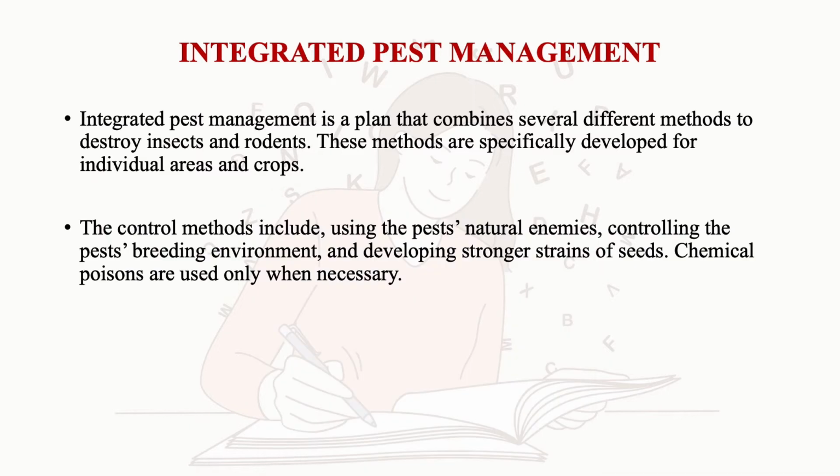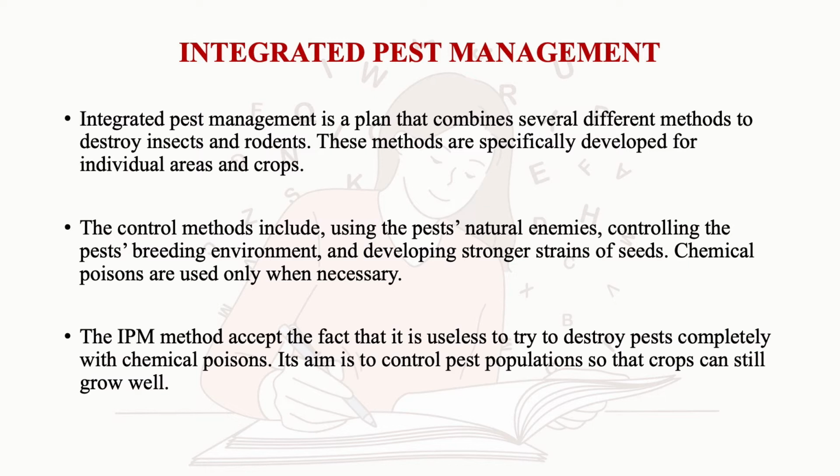The control methods include using the pest's natural enemies, controlling the pest's breeding environment, and developing stronger strains of seeds. Chemical poisons are used only when necessary.